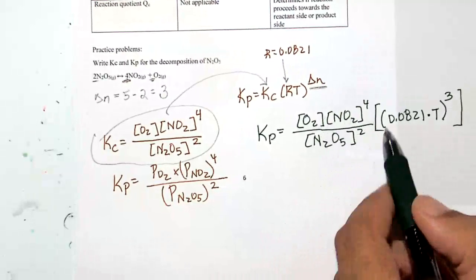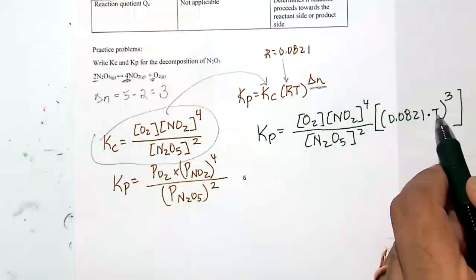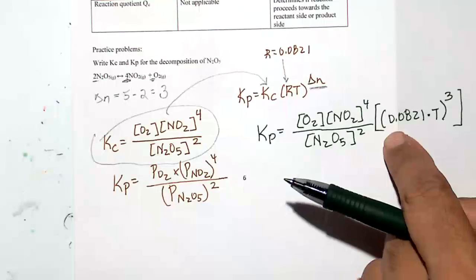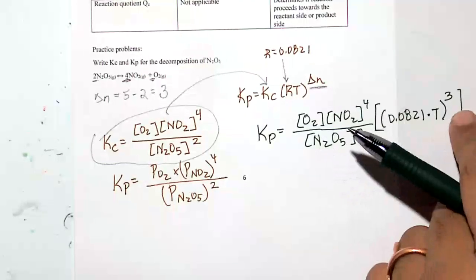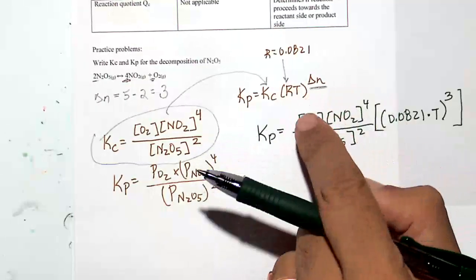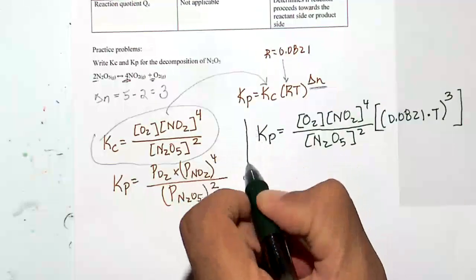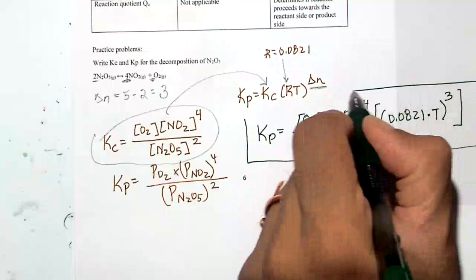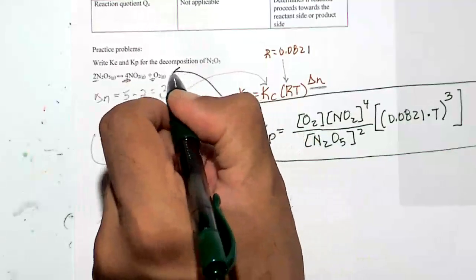If I knew the concentrations and the temperature, I can take R, which is a constant, times the temperature, cube it, multiply it by all the concentrations, and then I get this equilibrium expression in terms of pressure.